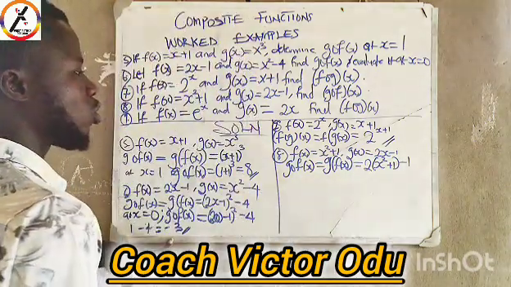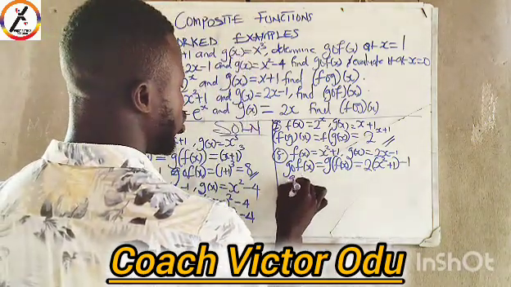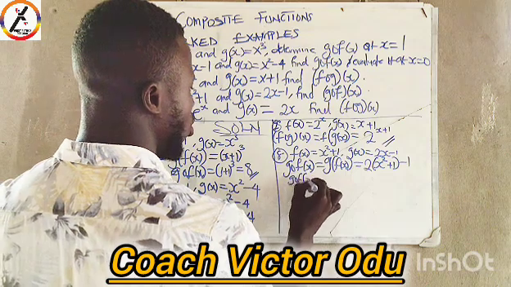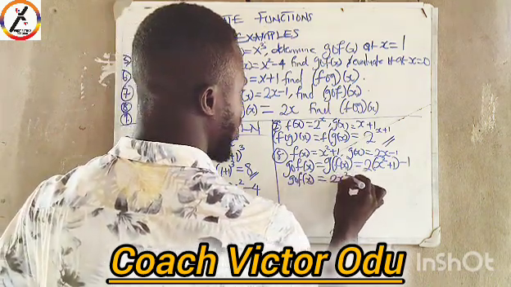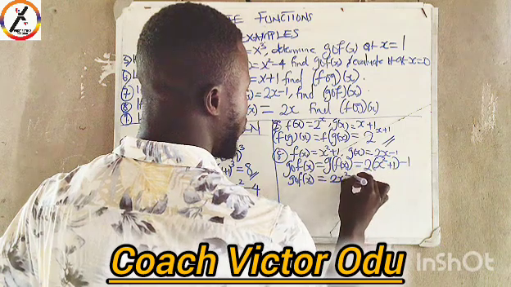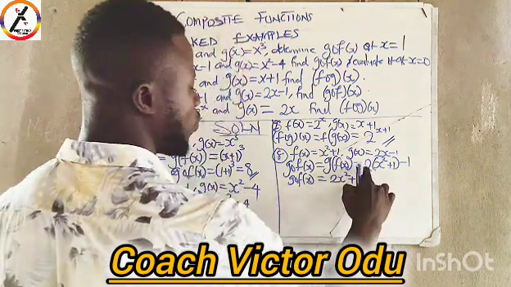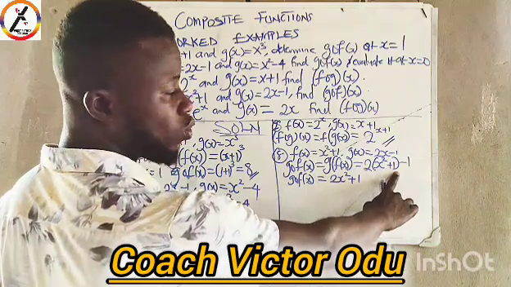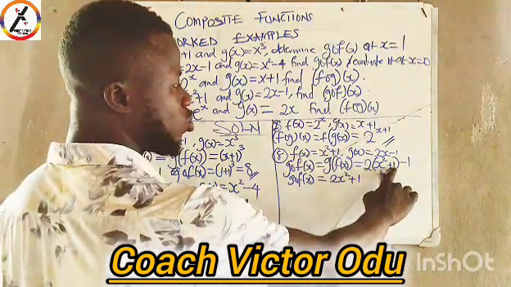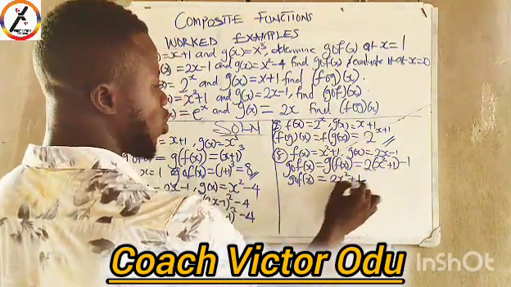And if you do this all together, g of f of x will give us 2x squared plus 1. Because if you multiply 2 times 1 it gives us 2, so that 2 minus 1 gives us 1. So here becomes your answer.